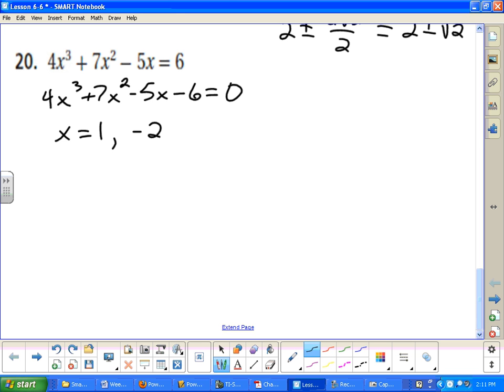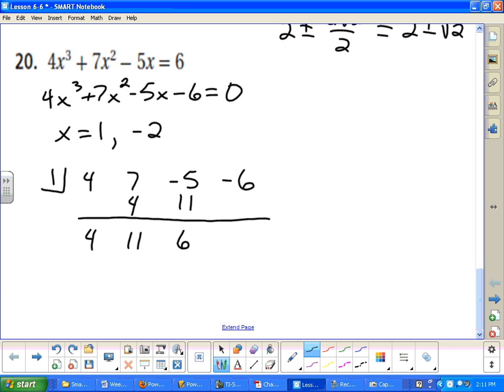So, Gage, you're asking which one do I use first? Doesn't matter. So we use 1 first. 4, 7, negative 5, negative 6. So I used 1, and I reduced it down to a quadratic.